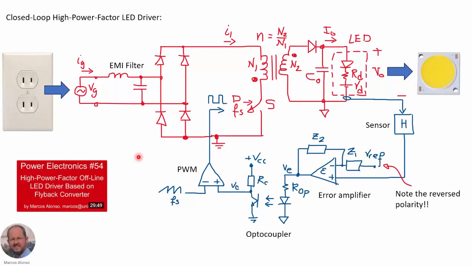Here we have in red the basic converter that we have studied in this previous video, and now we have added in blue the circuitry to operate the converter in closed loop.